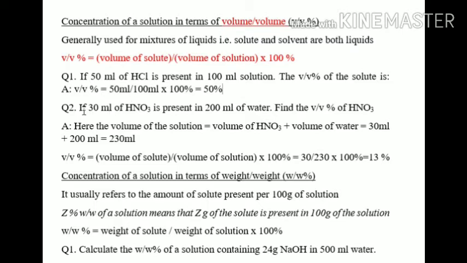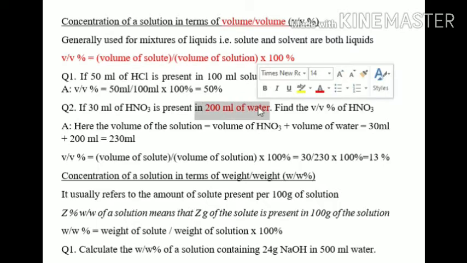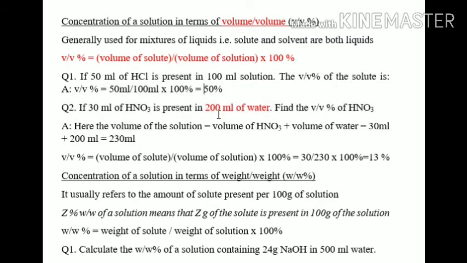Now let's see the second one. If 30 ml of nitric acid is present in 200 ml of water, find the volume by volume percentage of nitric acid. So water is the solvent. এতিয়া water volume 200 ml, যদি মই ইয়াত 30 ml nitric acid দি দিওঁ তেতিয়াহলে solution volume টো বাঢ়ি গুচি যাব নে। Here the volume of solution equals volume of nitric acid plus volume of water, so volume of solvent is not equal to the volume of solution.